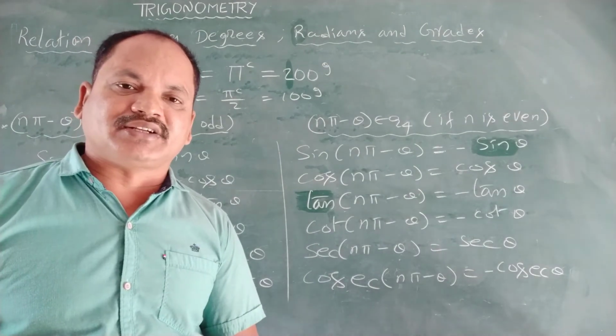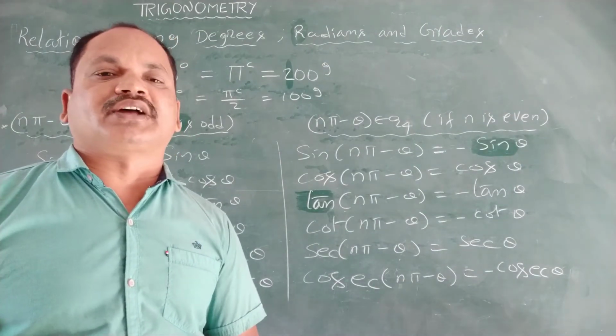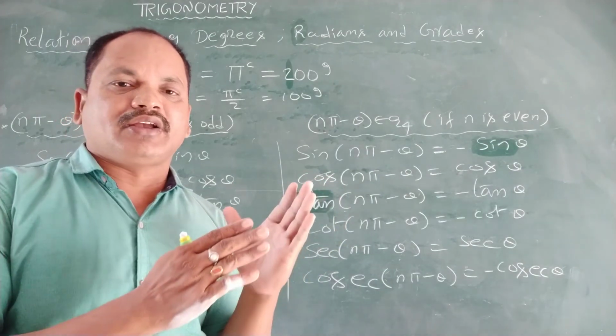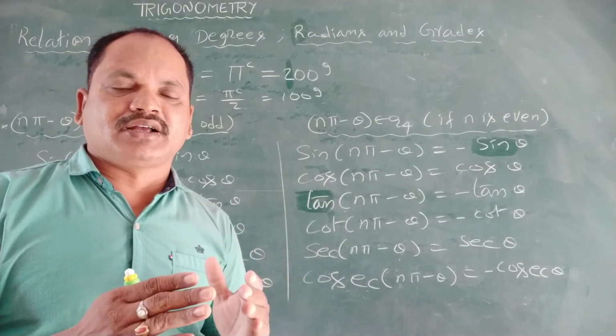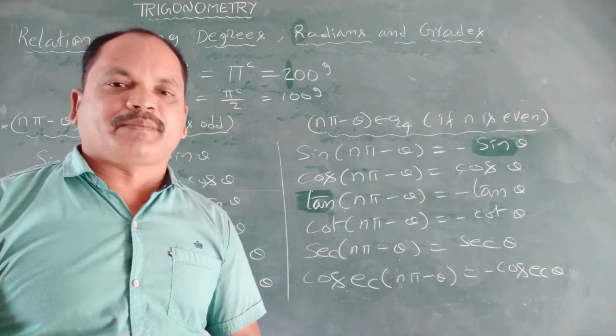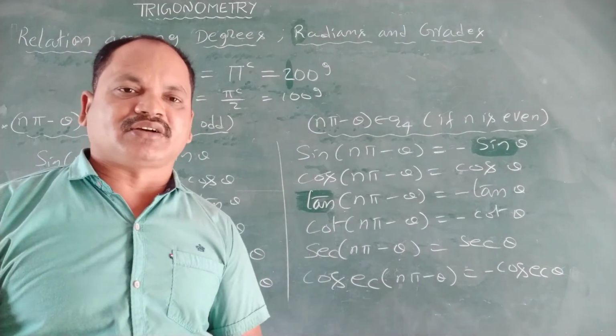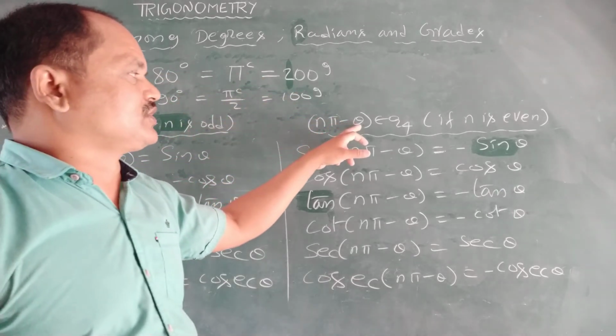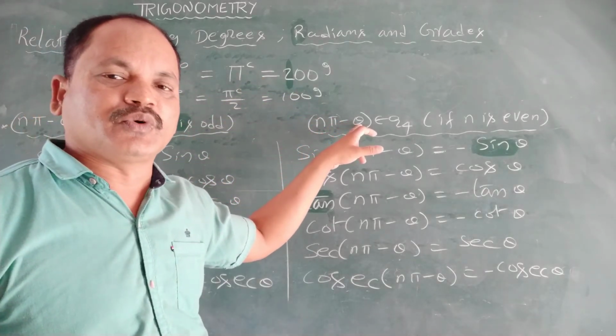Similarly, 2031 pi minus theta is equal to pi minus theta. Any odd multiple of pi minus theta is equal to pi minus theta. Pi minus theta means 180 minus theta, which belongs to the second quadrant. That's why odd multiples of pi minus theta belong to the second quadrant. Even multiples of pi minus theta belong to the fourth quadrant.